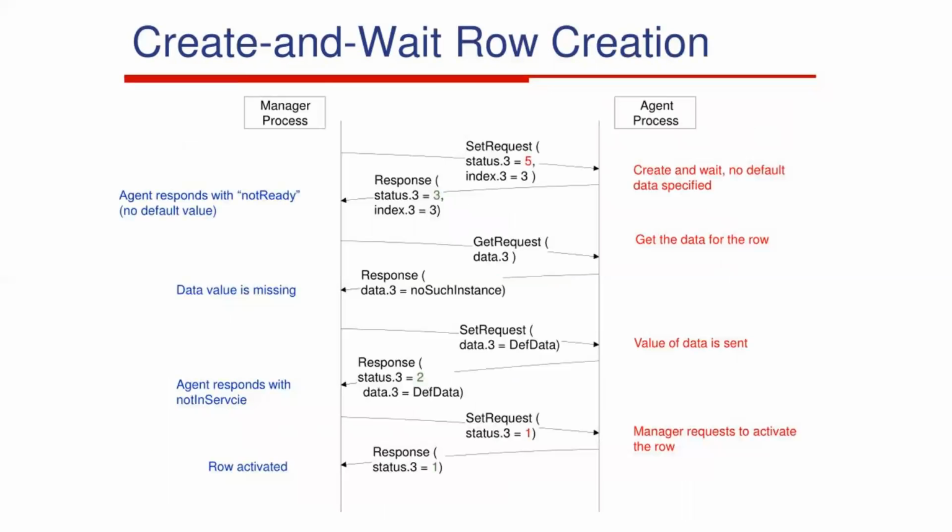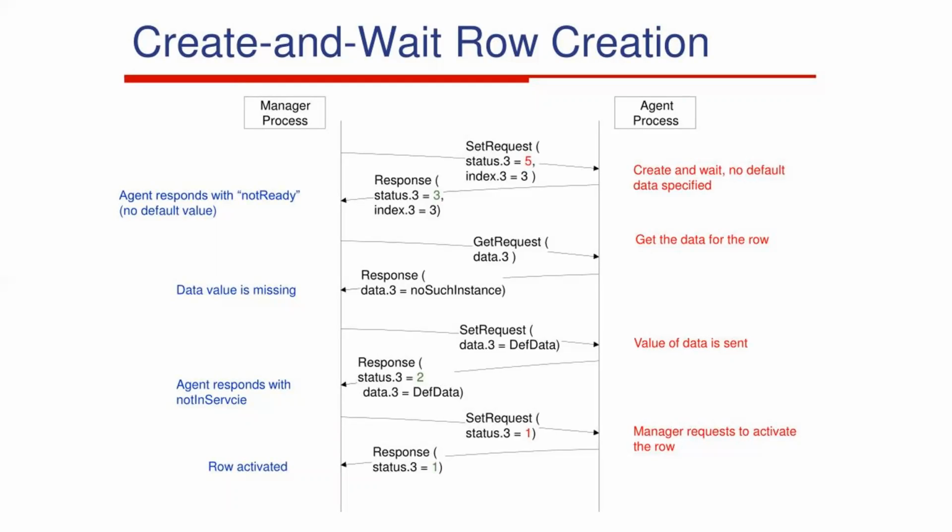Then create and wait row creation. The diagram presents a scenario for the operational sequence in the creation of a row using the create and wait method. If you see the diagram, you can understand easily. Again, this illustration takes the same scenario of adding a third row to the table.